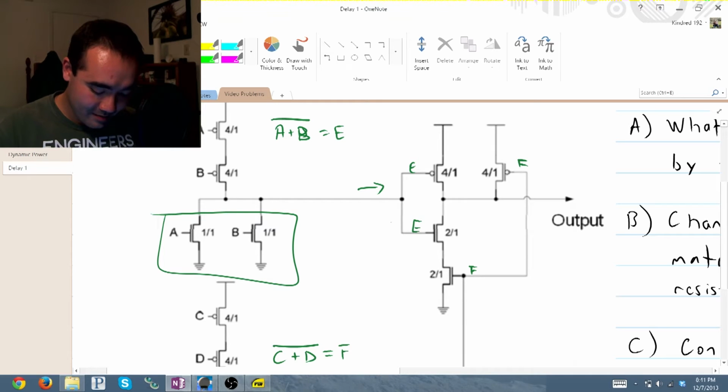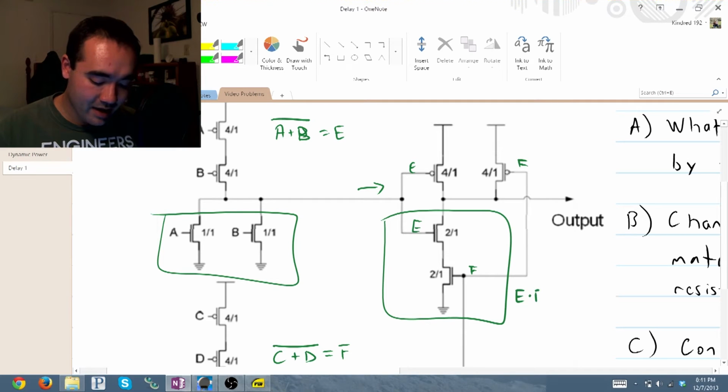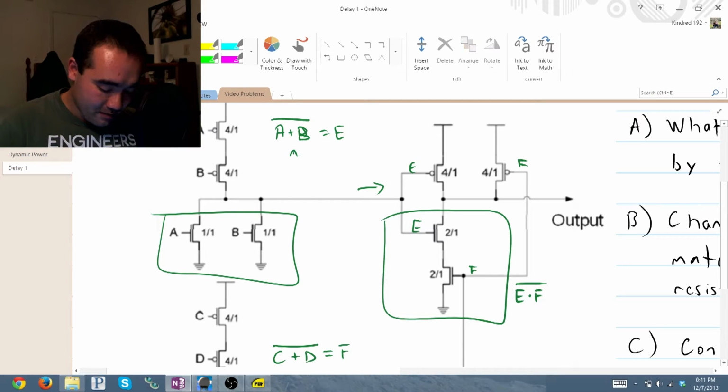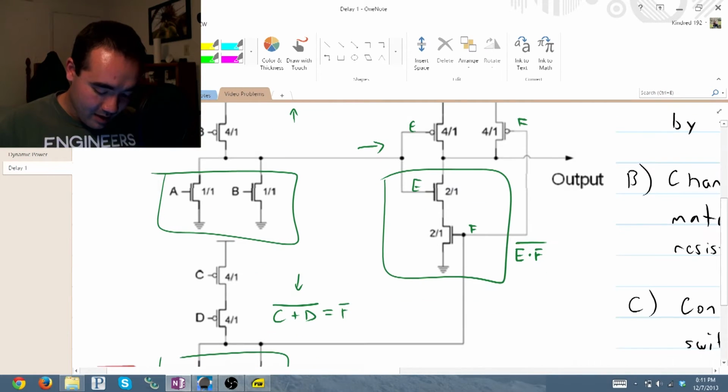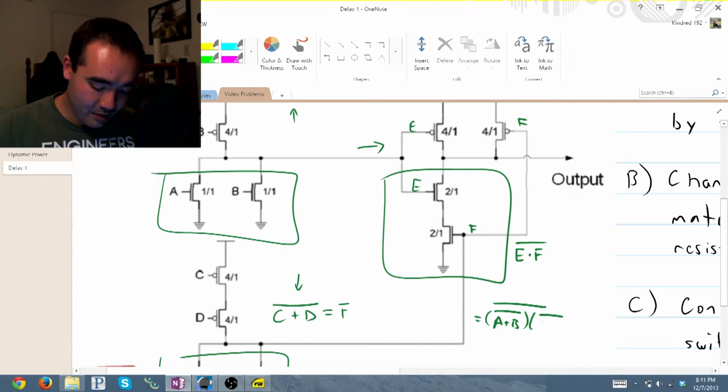This is E and F inverted. So, what does this mean? This means that our complete Boolean function, if we plug in this for E and this for F, is equal to the inverse of inverted A plus B and inverted C plus D.